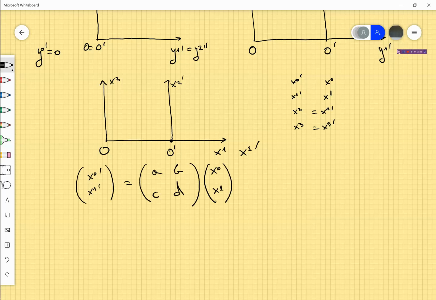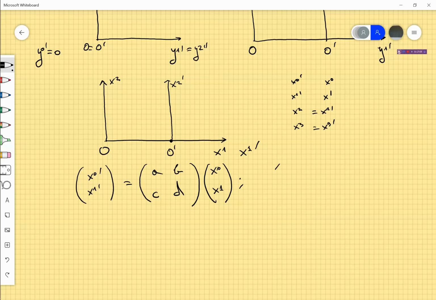Another thing that we know is that the interval will be preserved. And which interval? It is an interval between two events. So one of the events will be the event at which both origins coincide at t equals 0. So at t equals 0, at the origin, x1 is also 0, x1 prime is 0, everything is 0.